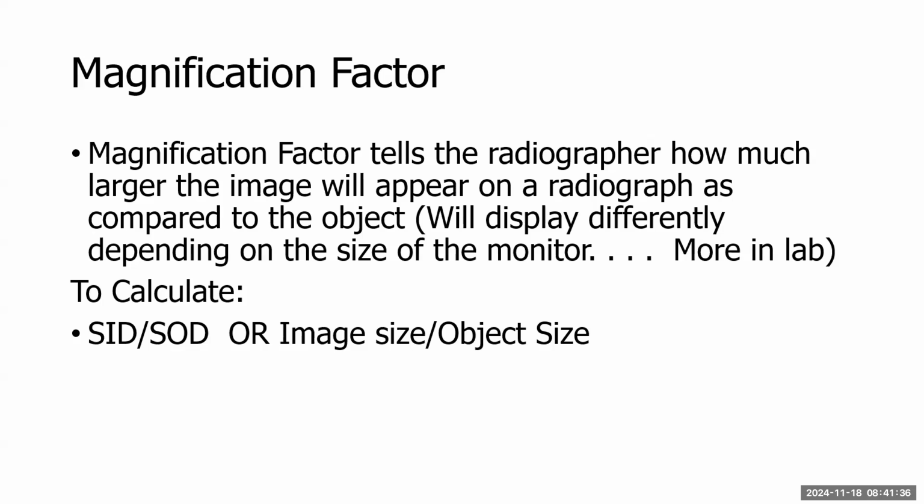That is true. That statement is still true. But it depends on the size of your monitor as far as physically looking at the size of the image. Does everybody follow what I'm saying? If your monitor is this big, like this tablet, then certainly you're going to look at it and it's going to be smaller than your actual object.